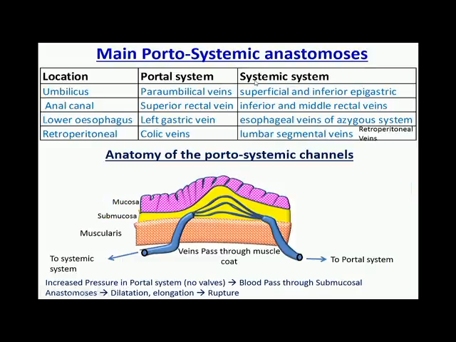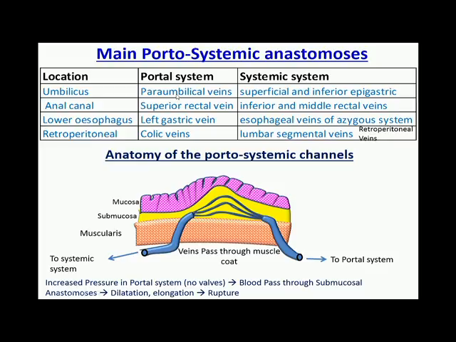So before the portosystemic anastomosis opens up, these are the locations of the portosystemic anastomosis. That is, the portal system and the systemic veins are linked. The common locations are around the umbilicus. So around the umbilicus, the intestinal veins and the skin anterior abdominal veins are anastomosed.